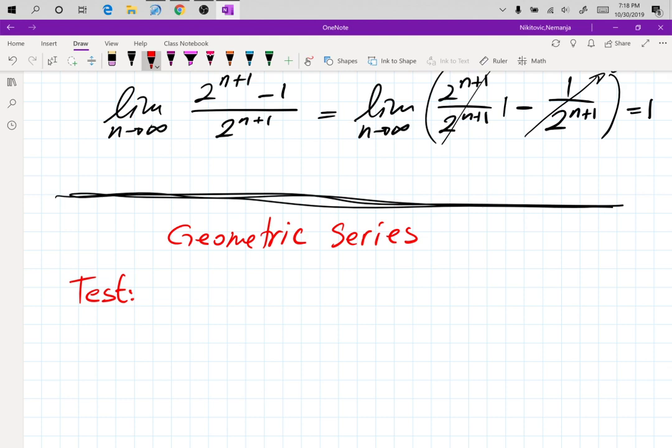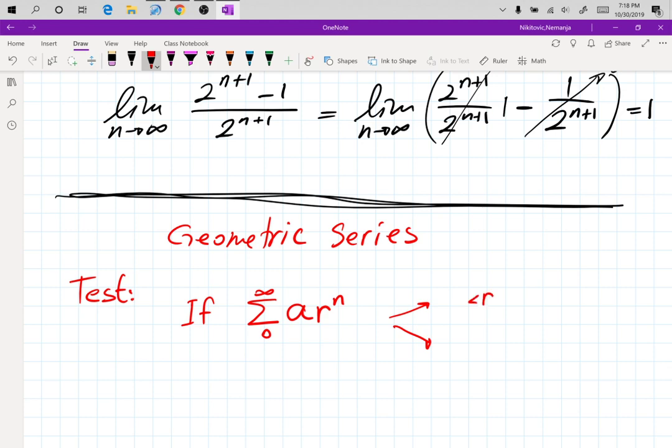If you have the form of geometric series, sum from n equals 0 to infinity of a r to the n, it breaks into two possibilities.